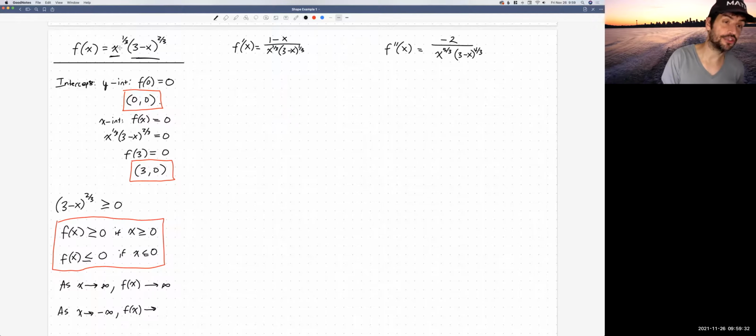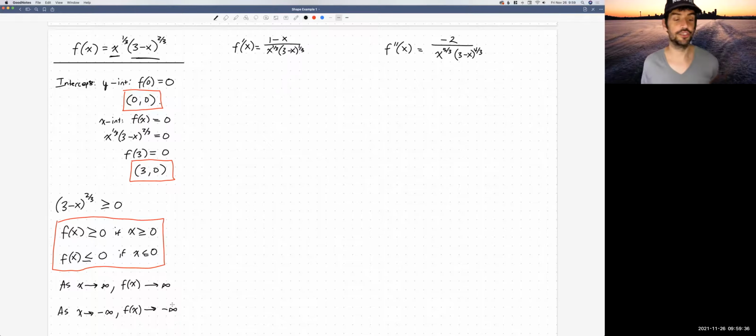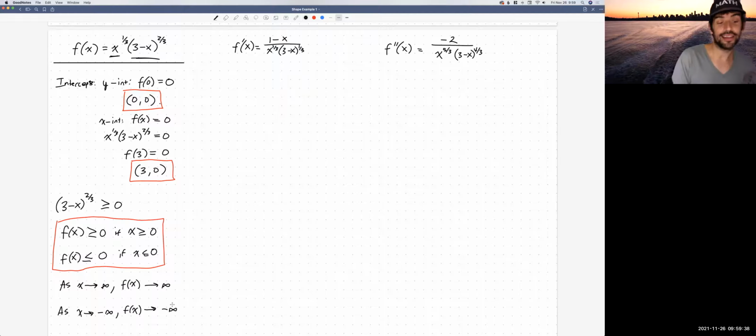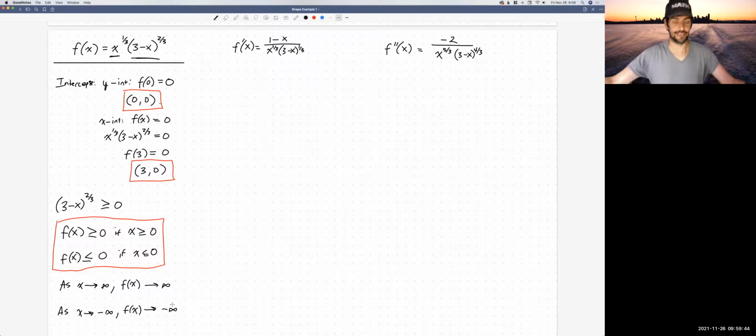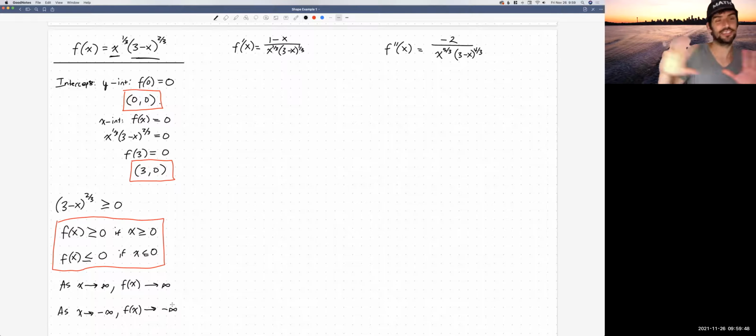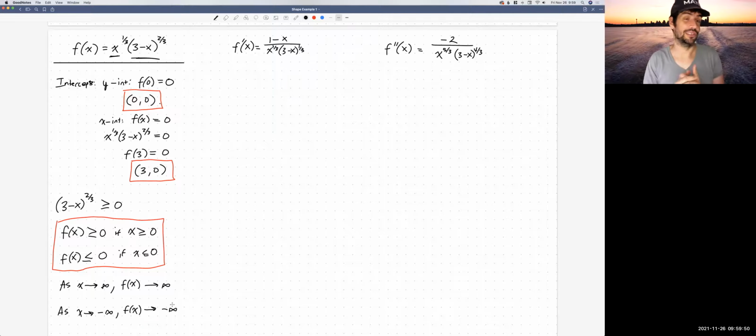So we've got a very large negative number times a very large positive number, gives us larger and larger negative numbers. So what we mean by this is we can make f as large as we want in the negative direction by taking x as large as we want in the negative direction. I hate saying small because these are not small numbers. Negative a trillion isn't small. It's really large just in the negative direction.